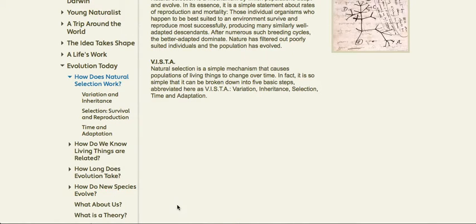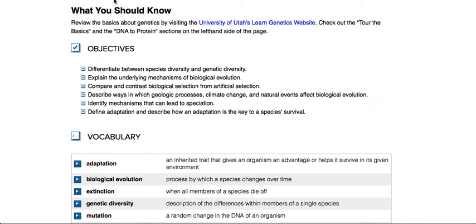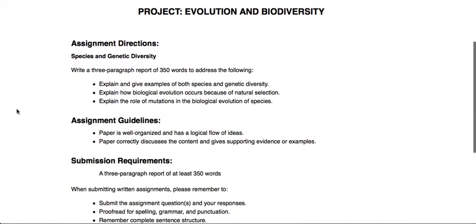So now let's actually get into the project and take a look at what it really is asking you to do. Okay, so what this project essentially is for you to generate some type of paper, some type of report that really addresses the three main conceptual questions of this unit.